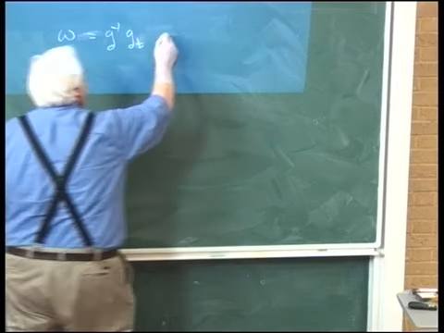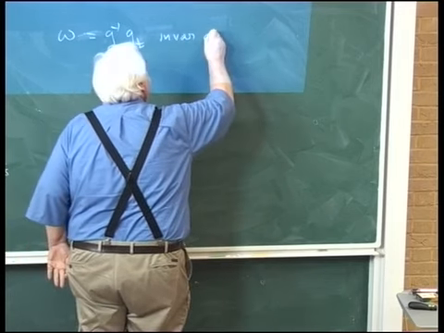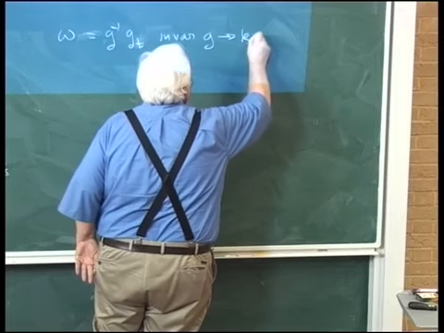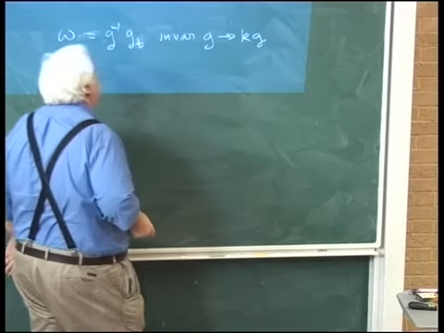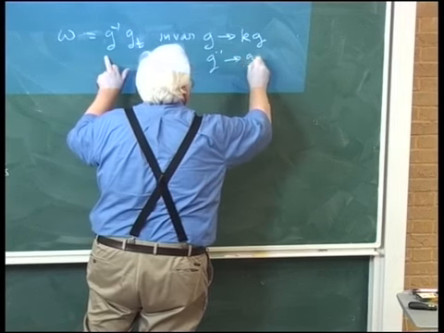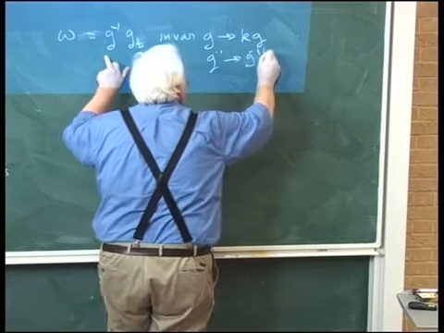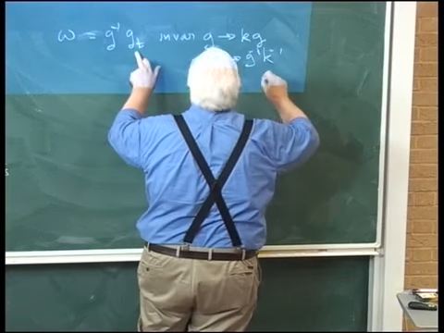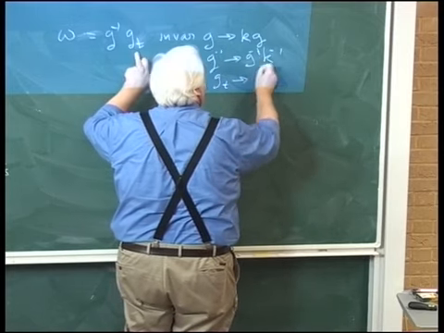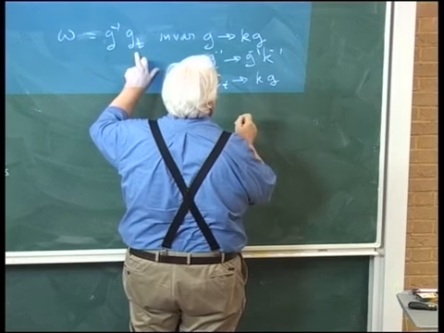So this is invariant under G goes to KG, and then G inverse goes to G inverse K inverse, and G_T goes to K G_T.